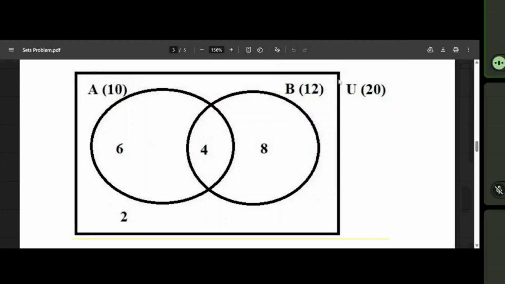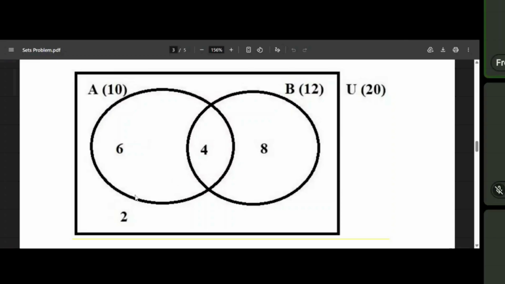So if you add 10 and 12, hoping to get 20, you are not. You are going to get a value that is bigger than 20 because there is a double count of the 4. So what I'm saying is that the 6 is just representing the whole region here. The whole region 6, and the whole region 4, the whole region 8, plus the 2, you must get 20. If you don't get 20, there's something wrong somewhere you have to check for.